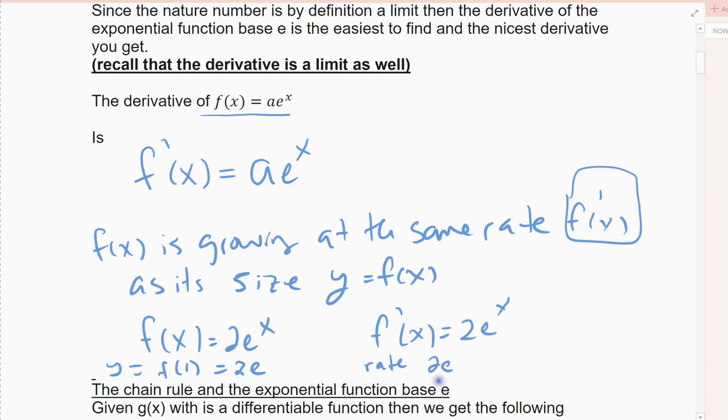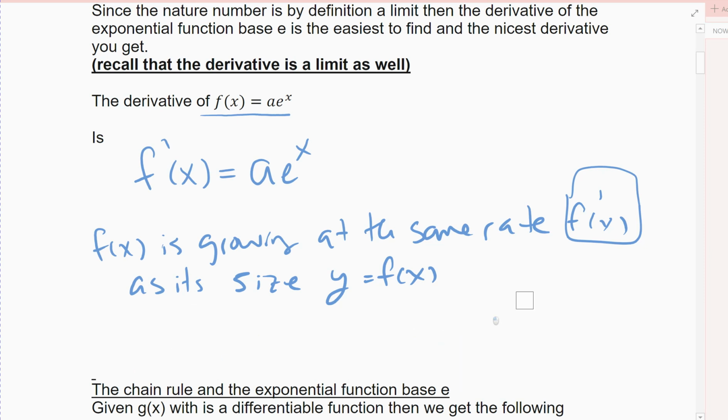That's how fast it's growing. And then at x equals 2, the size would be 2e squared, and it would be growing by 2e squared. It's exponential growth, so it's growing faster. It's growing at the same rate as its size. That's what we mean by growing at a rate proportional to its size. And so when we take the derivative of the e function, it is just literally whatever the original function is. Now, that is when it's just e to the x.